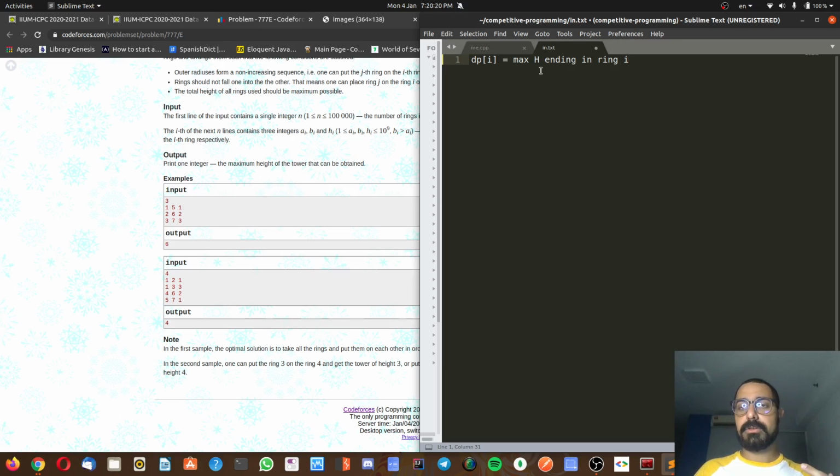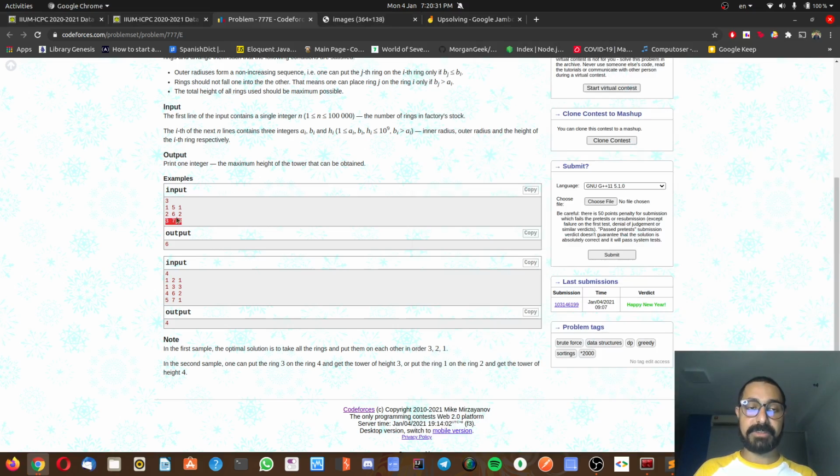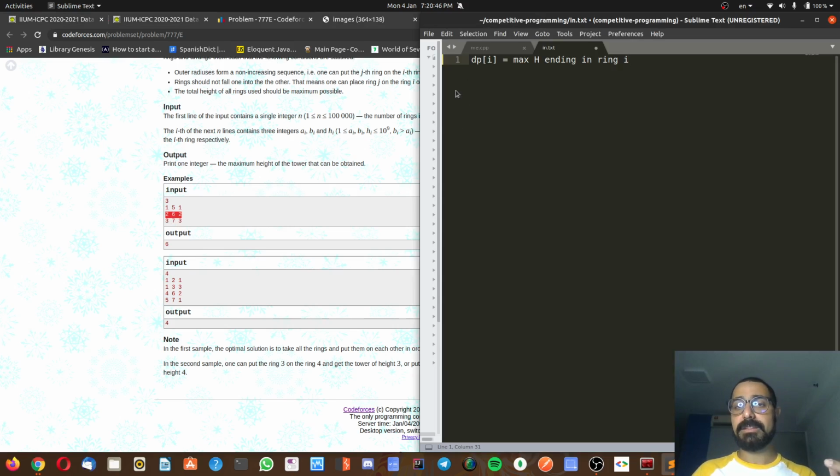Sorting all the rings in non-increasing order, or in this case, since all of them are unique, in decreasing order, I first have the ring of outer radius 7, then 6, and then 5. I will start stacking them, and at every step, if I'm stopping at this ring, what is the maximum height with this ring on the top? At the end, the highest value of this dynamic programming will be the answer.